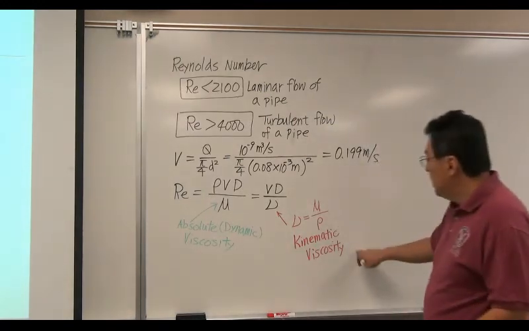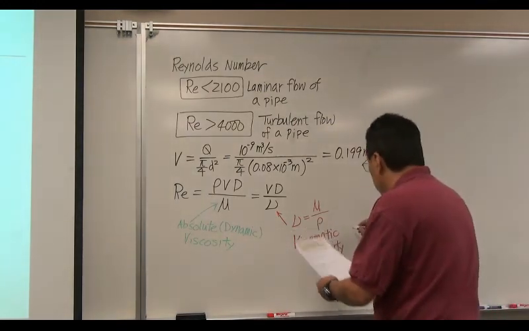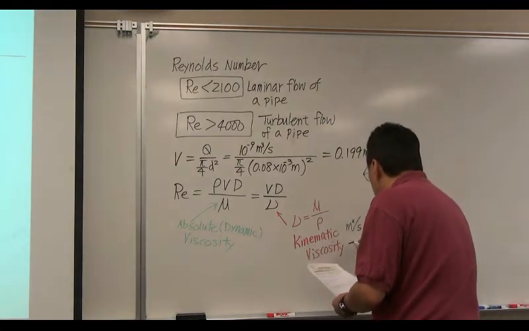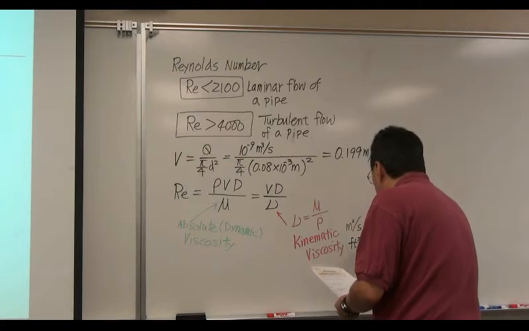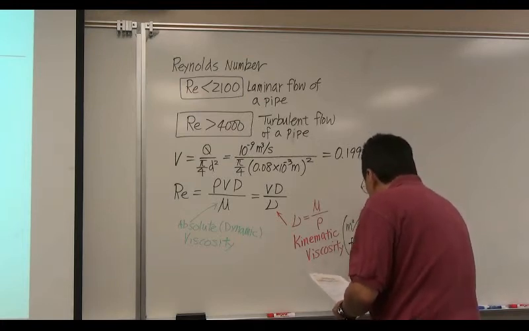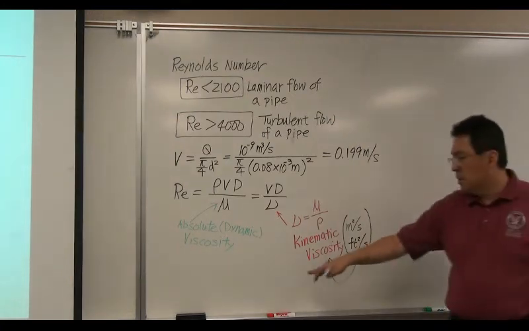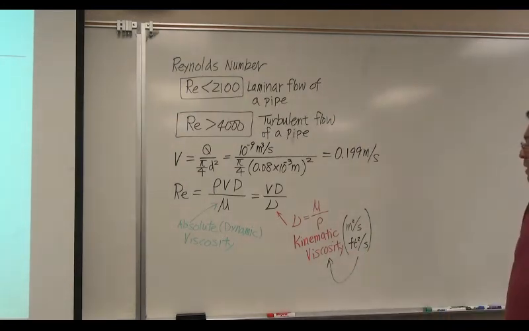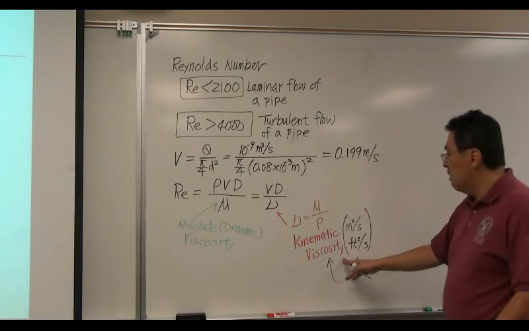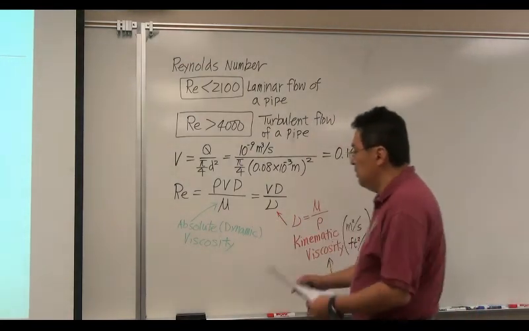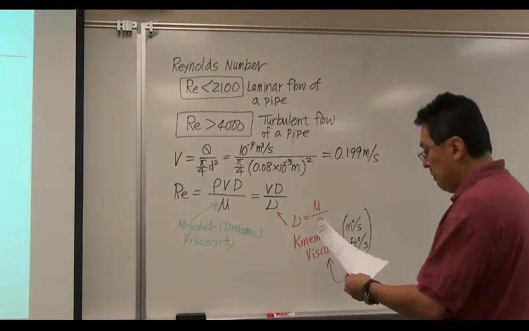If the viscosity is kinematic viscosity, typical unit you're going to get is meter square per second or feet square per second. Very simplified units. That is the feature of kinematic viscosity. Okay? So by looking at the units, you can tell the viscosity you're talking about is kinematic or absolute dynamic.